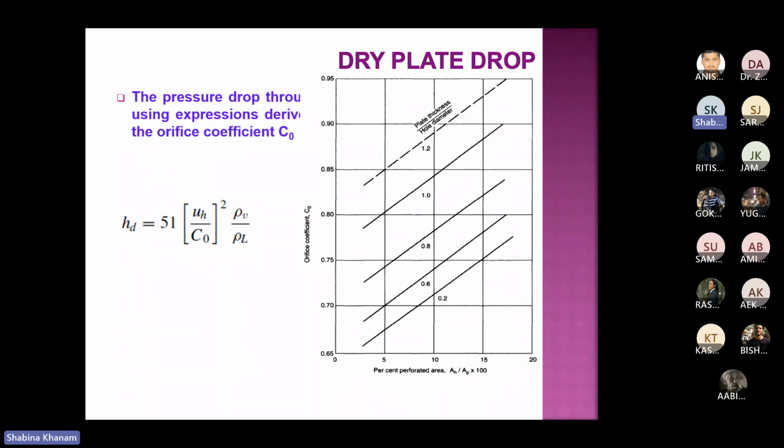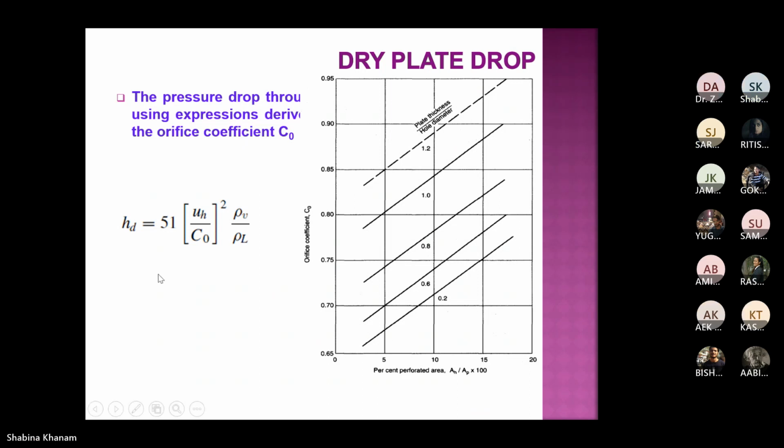So plate thickness by hole diameter you can calculate, and you can find out CO from here. AH you are already aware of, and AP you have already calculated. So with this we can find HD. Please let me know if you have any confusion.